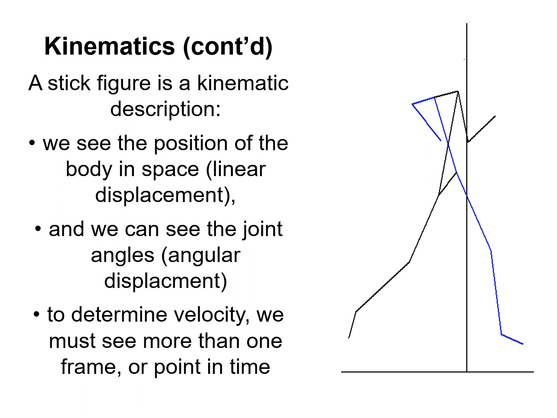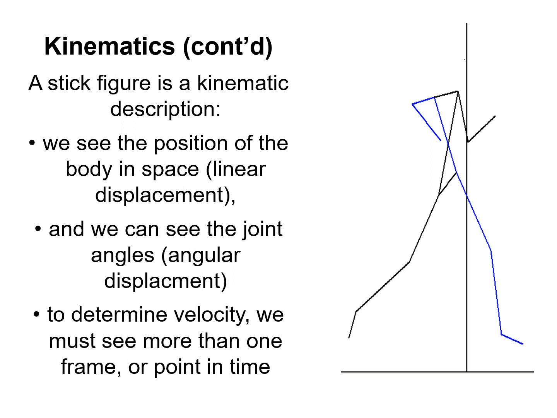If we look at a free body diagram, essentially we see the position of a system or body in space. When we look at the whole system, we may be looking at linear displacement, as far as how much displacement that system has done.